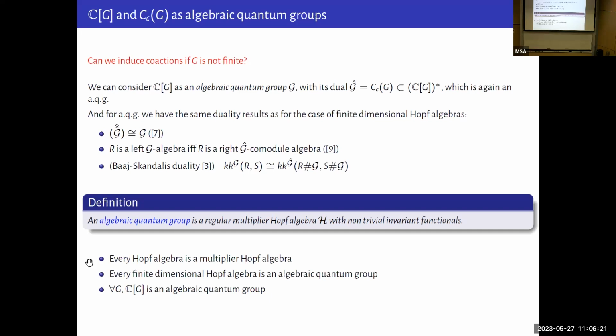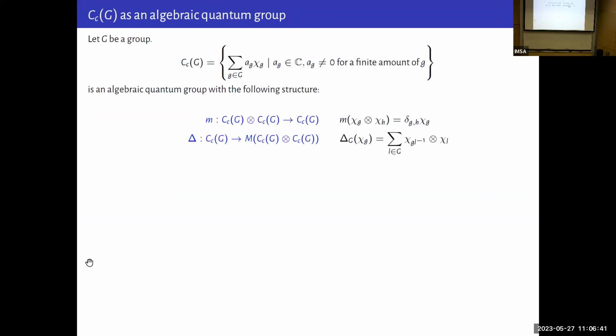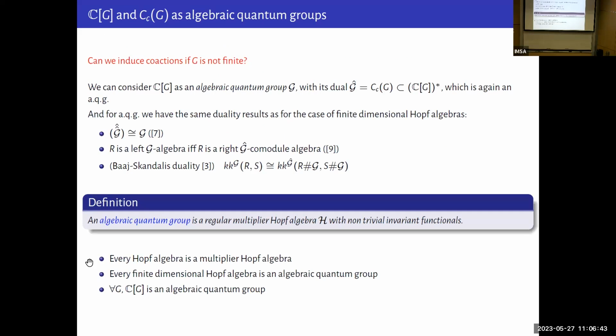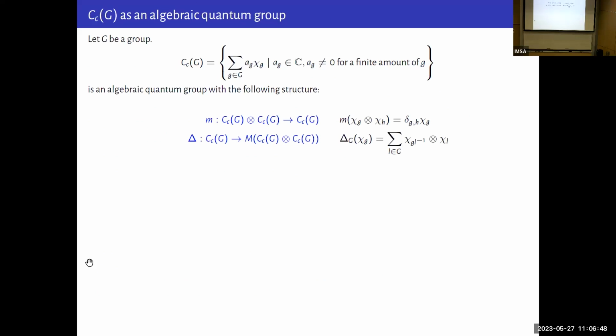But first, let me tell you that every Hopf algebra is a multiplier Hopf algebra, that every finite dimensional Hopf algebra is an algebraic quantum group, and that for every group G, the group algebra is a multiplier Hopf algebra. Okay, so instead of giving the precise definition of regular multiplier Hopf algebra and invariant functionals, I will explain the structure of this group as an algebraic quantum group.